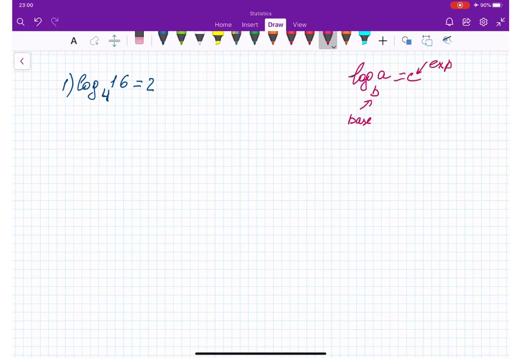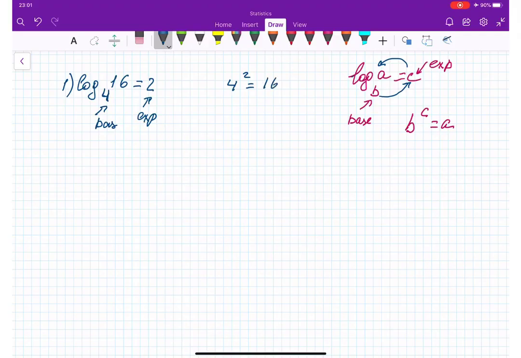So we can rewrite it in exponential form, like b raised to power c, and that will be equal a. That's exponential form. Let me write it down. My base is 4, right? Exponent is 2. So it's going to be 4 to power 2 is equal 16.